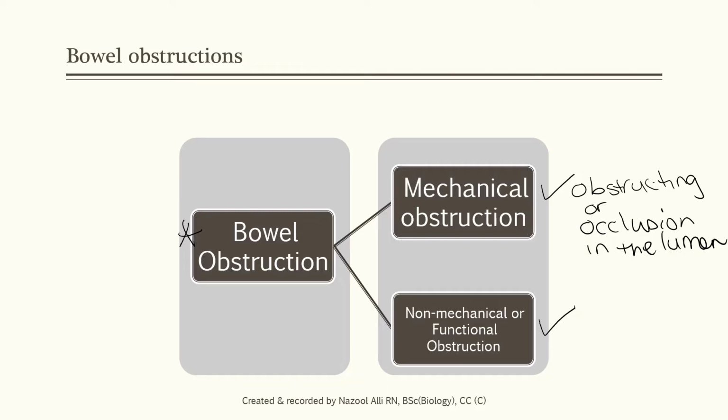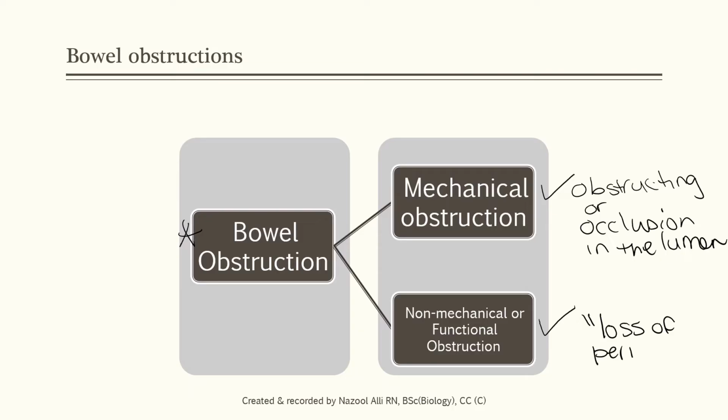Whereas with a non-mechanical or functional obstruction, there is no physical obstruction or occlusion within the lumen of the GI tract. Rather, what is happening with the non-mechanical or functional obstruction is a loss of peristalsis.